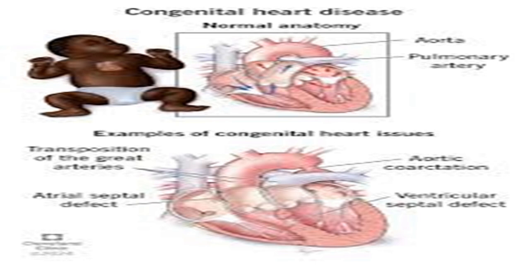Prevention. While congenital heart disease cannot always be prevented, certain steps may help reduce the risk. Pre-pregnancy planning: women with pre-existing conditions, like diabetes, should work with their healthcare provider to manage their condition before becoming pregnant. Vaccinations: receiving the rubella vaccine before pregnancy can help prevent infections that may lead to CHD.